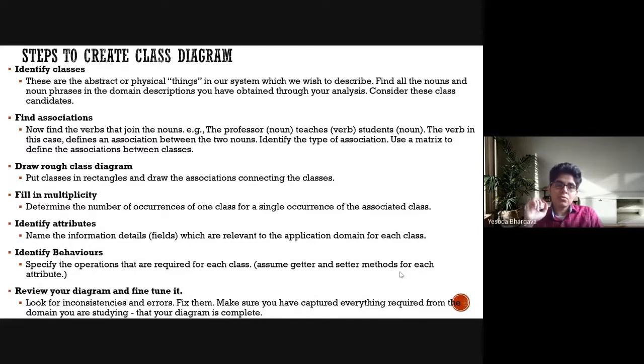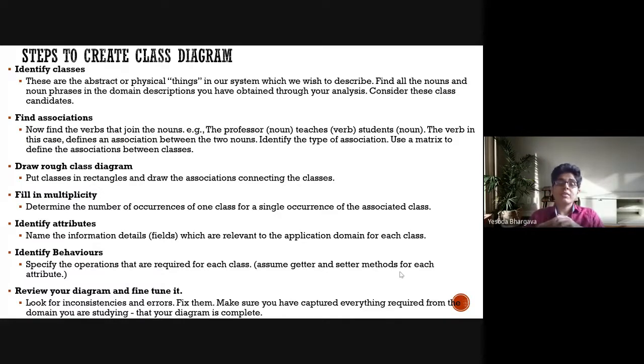After that, you try to fill in the multiplicity for the different classes. So you determine the number of occurrences of one class for a single occurrence of the associated class. Just like yesterday we had seen, there are different ways to fill in the multiplicity. So you discuss it among your team members and you reason how to assign the multiplicity to each of the classes.